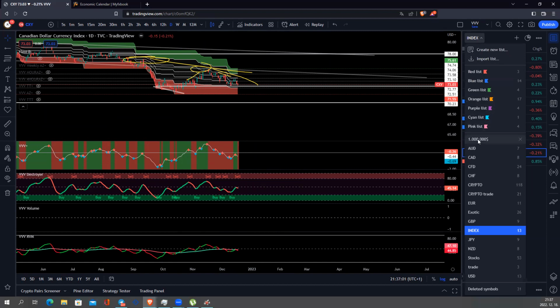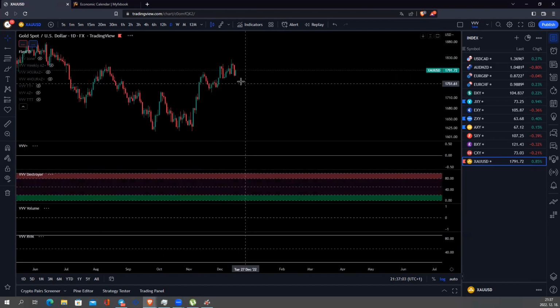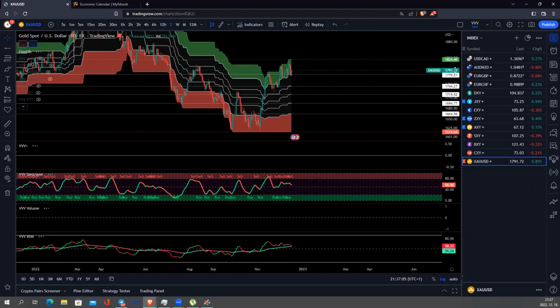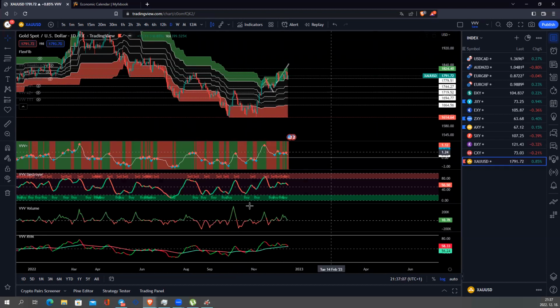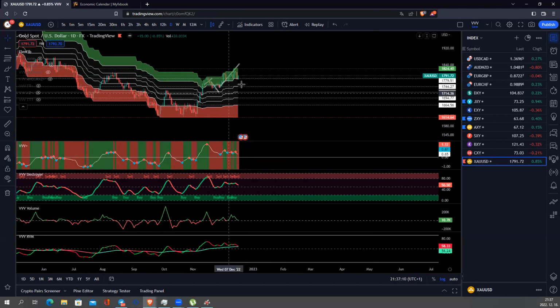Okay, one more thing, the XO maybe. Same thing here. We made the break retest, which I shared in the Telegram group on 12-hour. It was a nice divergence and also break retest, and you saw the bounce.